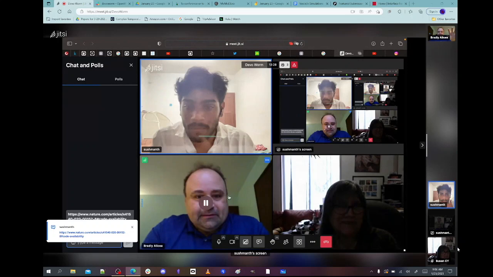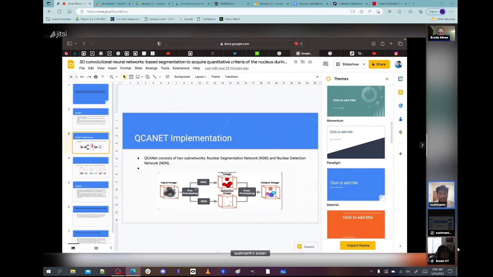In the QCANet implementation, the paper is completely based on two image processing networks, NSN and NDN. The nuclear segmentation network just segments the nucleus inside, and the NDN segments the outside perimeter of it.